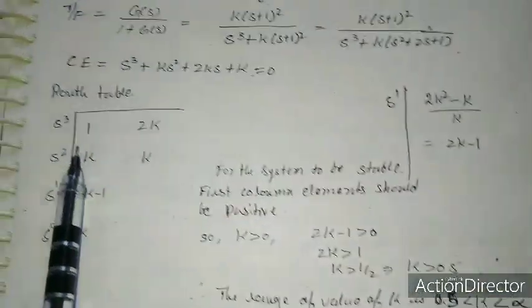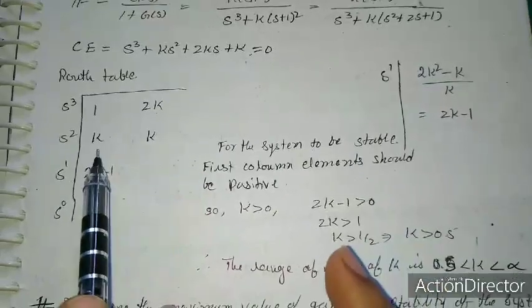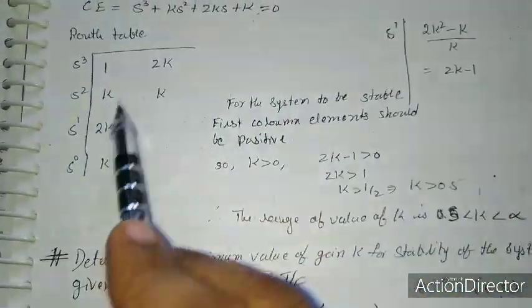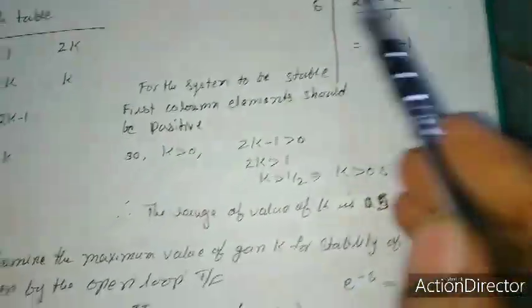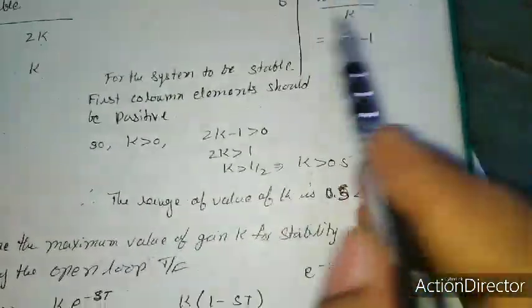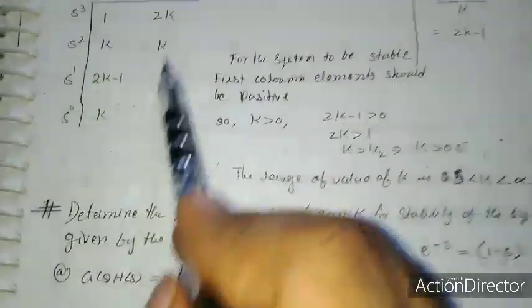Now I'll construct the Routh array. The s cube coefficient is 1, s square is k, s is 2k, and the last is k. For the s power 1 term, that is k into 2k minus 1 into k, divided by k. Since k is common, I get 2k minus 1 here, and here there is no term, so I take k.